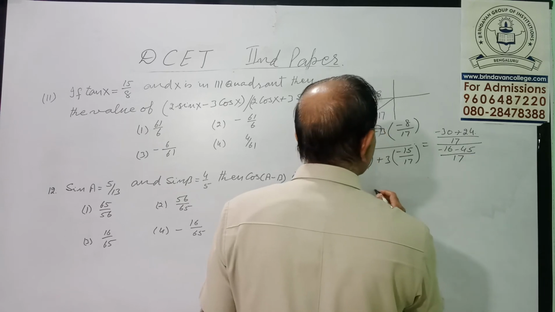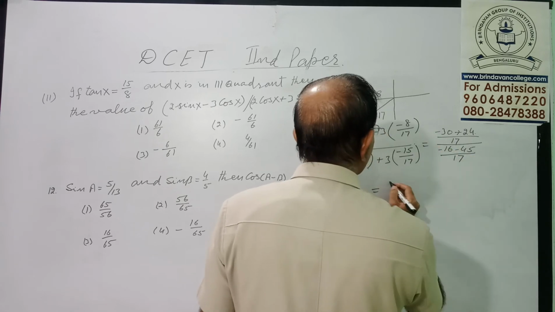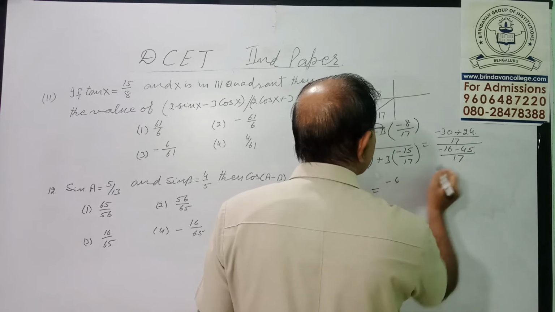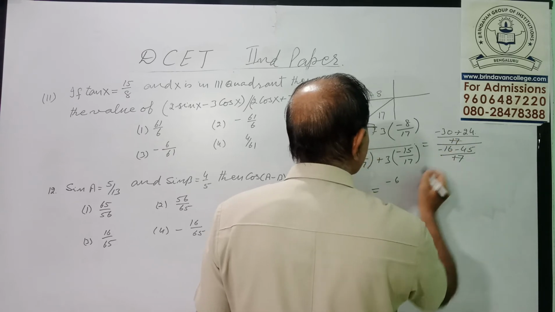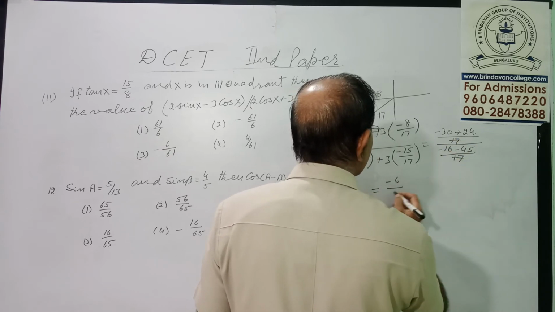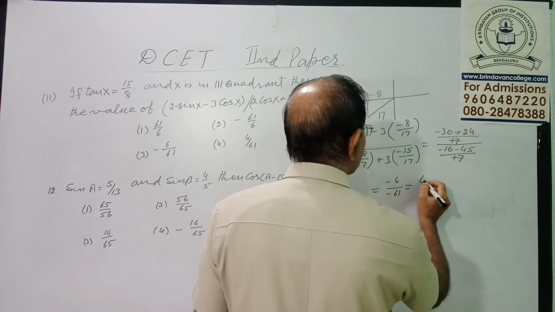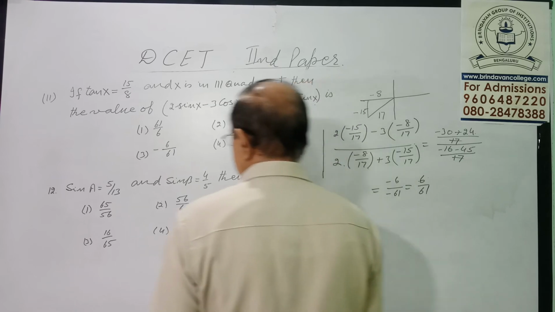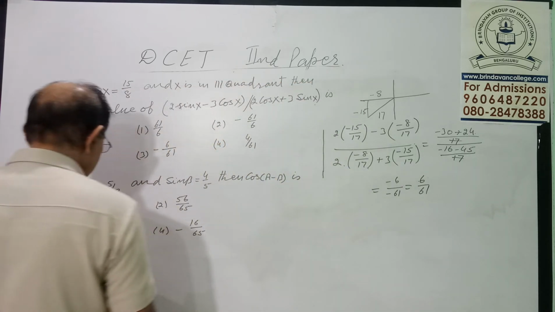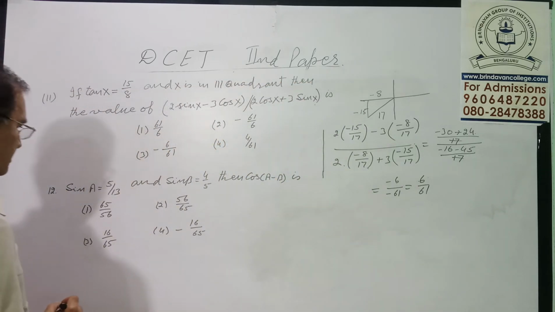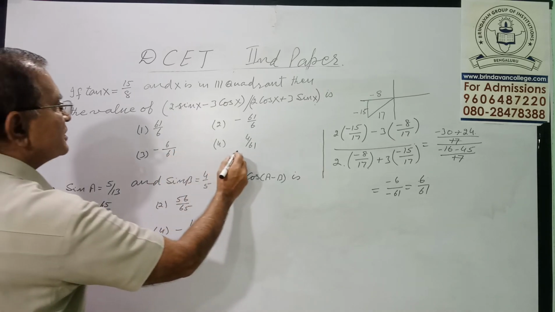So thus which will give us minus 6, 17 the denominator we can cut, by minus 61. So thus it will come out to be 6 by 61.